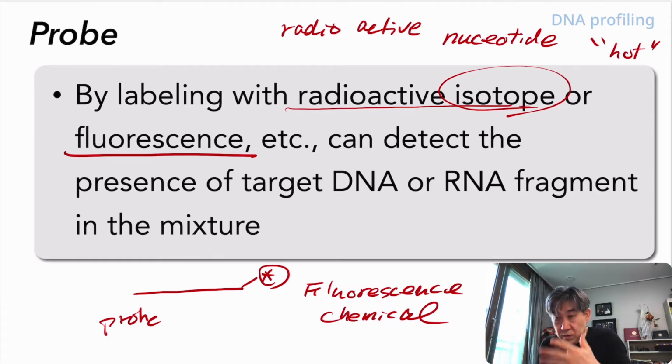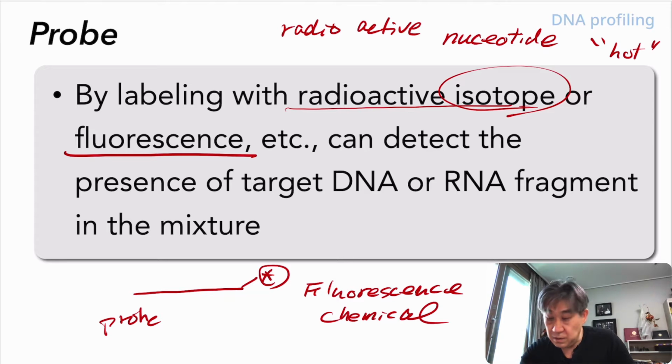So among all this different mixture of the DNA sample, if the probe sticks with the sample, then actually there is your target DNA. If you treat the sample with the probe and then wash them, and it doesn't show the presence of the probe DNA, that means there is no target DNA.